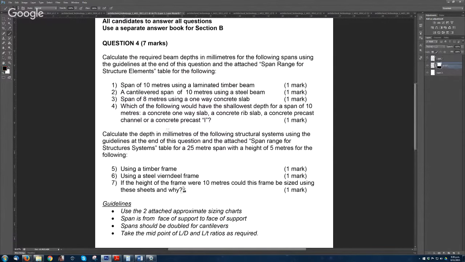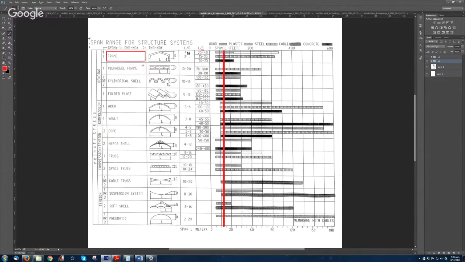Next question. If the height of the frame were 10 meters, could this frame be sized using these sheets here? So it asks you, can the timber frame or the steel spindle frame have a height of 10 meters for that span? For that, you use the LD to get the height.